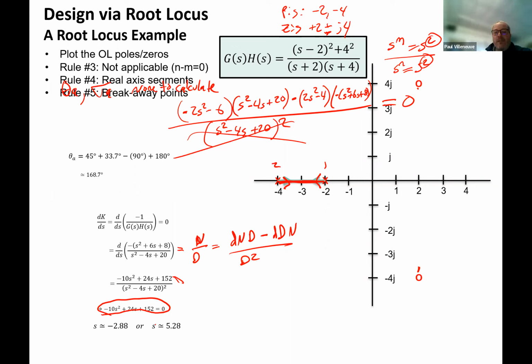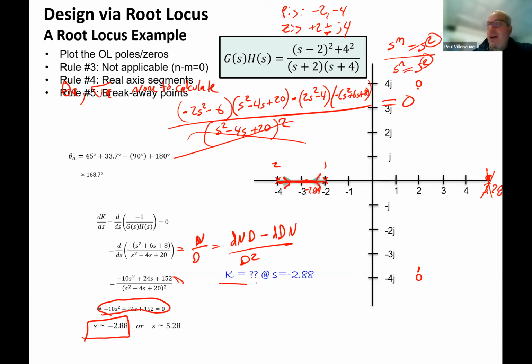Is there a root locus over at 5.28 on the real axis? That's way out over here, so that's not a point. There's no root locus over there. Minus 2.88 is someplace over here. So this is our breakaway point, and it's the breakaway point because the root locus has to leave the real axis at that location.